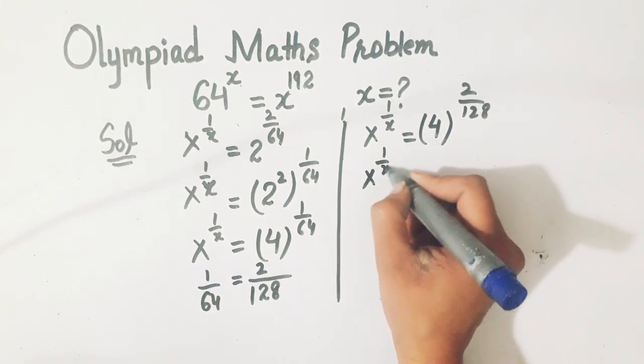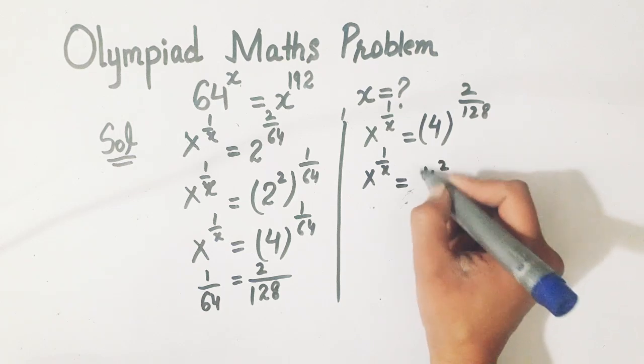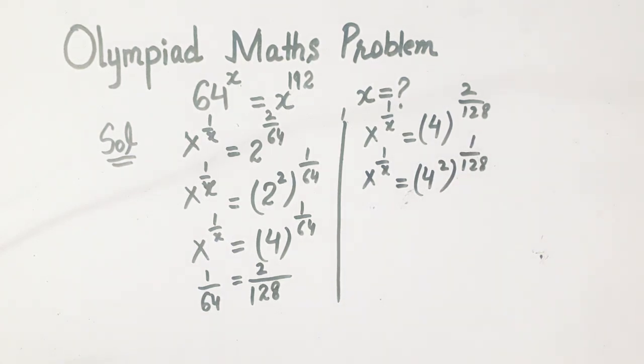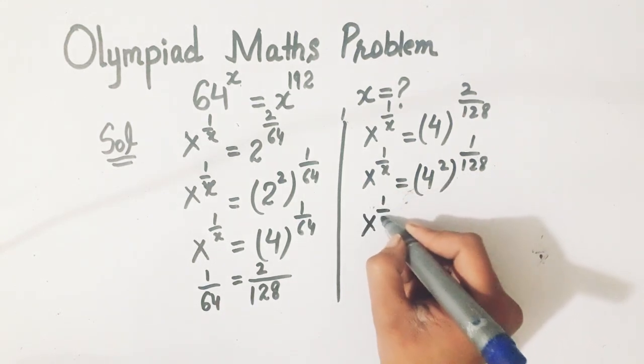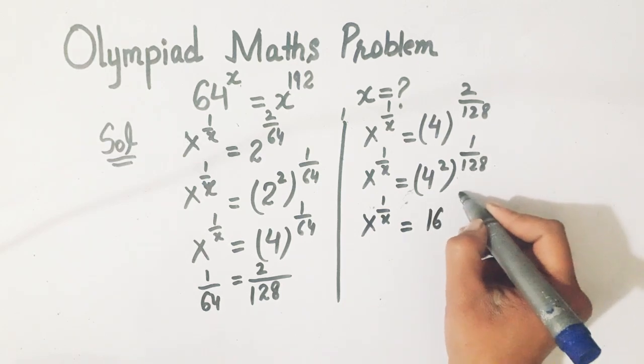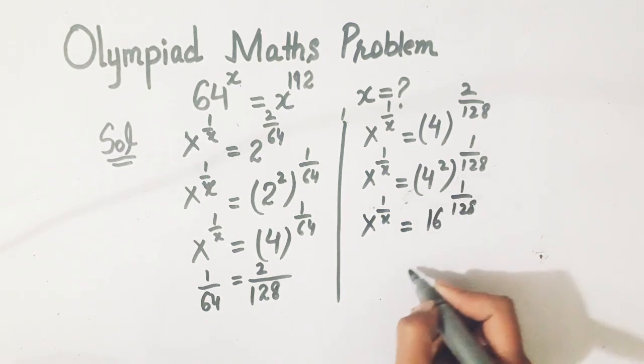So this is the 4 square and this is 1 by 128. 4 square is 16, so 16 power 1 by 128.